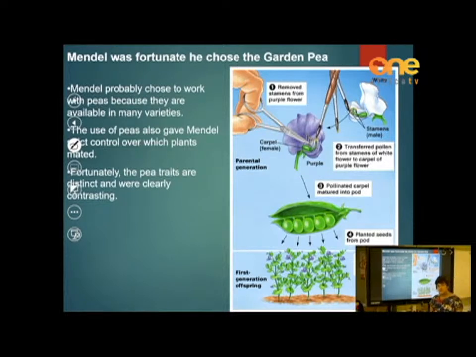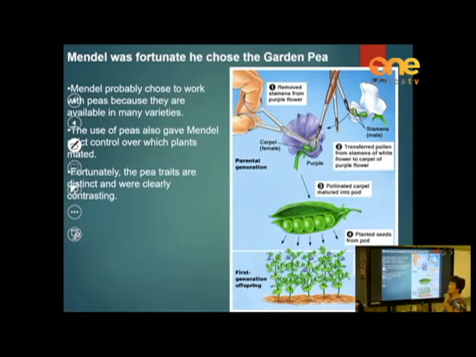It is very difficult to know which plant is the father and which plant is the mother, which flower had produced the pollen, because the pollen contains the male gamete. And inside the ovary of the flower is an ovule with the female gamete.